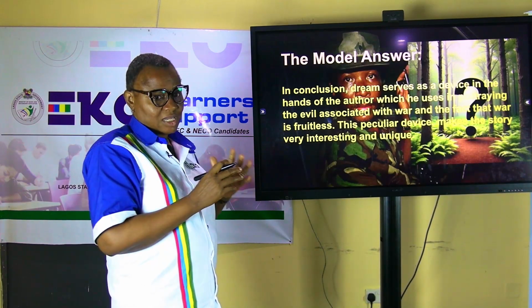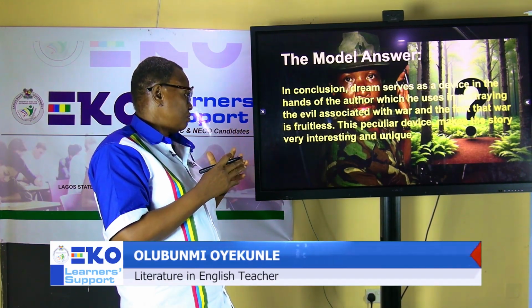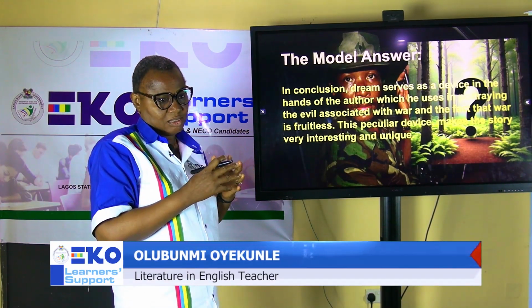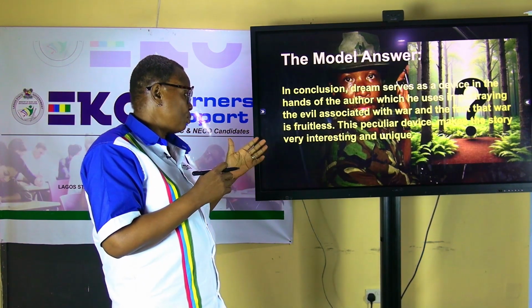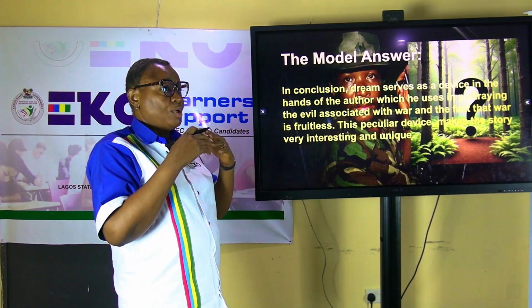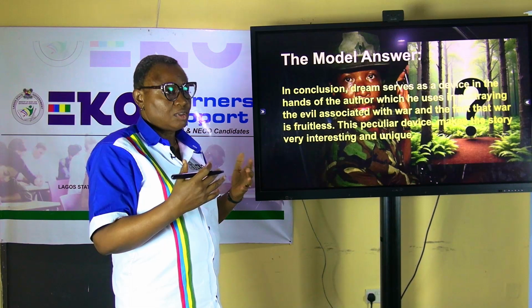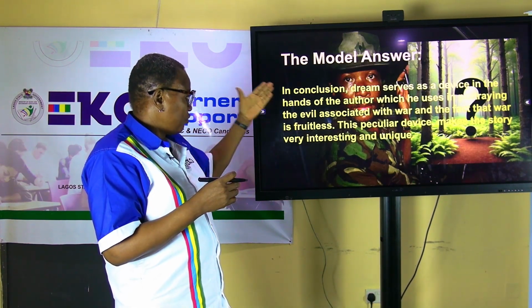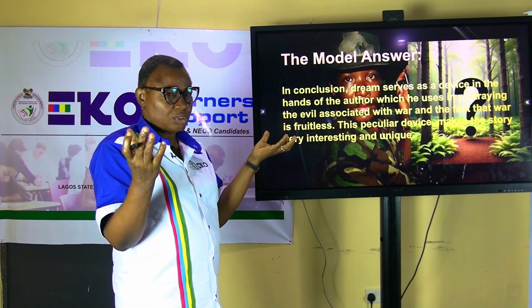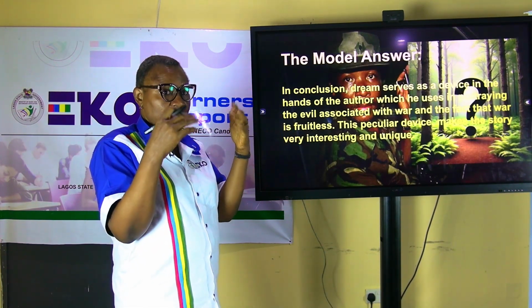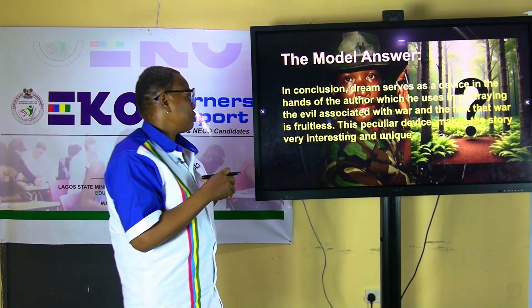So we have said in the previous lessons that one of the reasons why device is pertinent for a writer is that it will help to portray, help to project the theme that the writer brings out in his story. So the theme of war is actually being brought out, projected, made seen vividly by the use of dream.